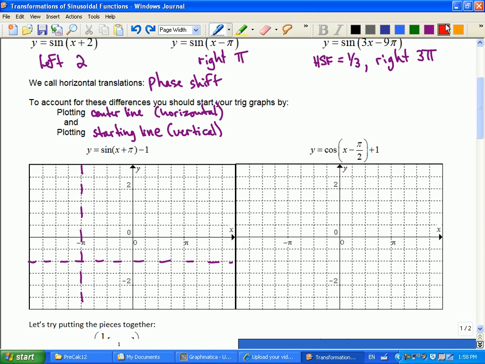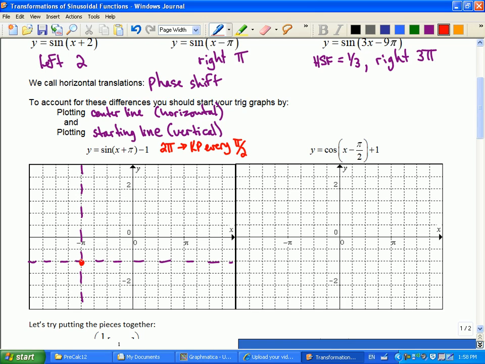Okay, now I can talk about the same pattern we have before, which is sine starts right there on the center line. It goes up to the maximum, back to the center, down to the minimum, center, maximum, center, minimum. Goes through the same pattern, but now that I have a starting point, I know where I'm going to be moving from. Okay. Period here is 2 pi, so that means my key points are going to be every pi over 2.